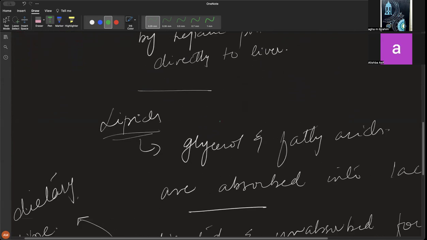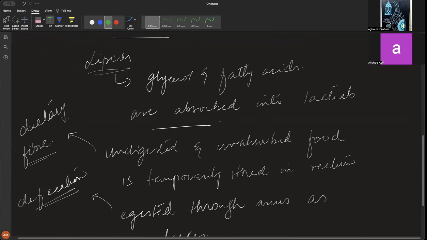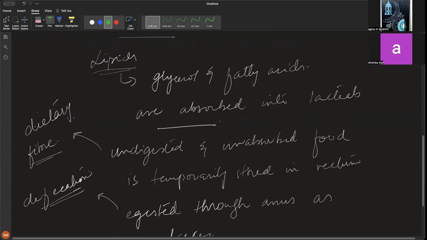Yes. When we talk about lipids, fats are digested into fatty acids and glycerol, right? They are absorbed into the lacteals, and lacteals are actually an extension of the lymphatic system that we are going to study in transportation, when we discuss transport in animals or humans.